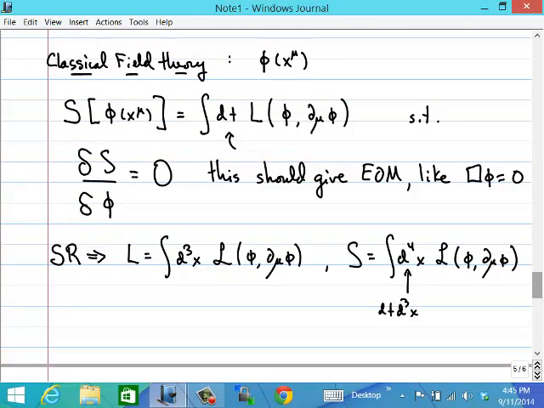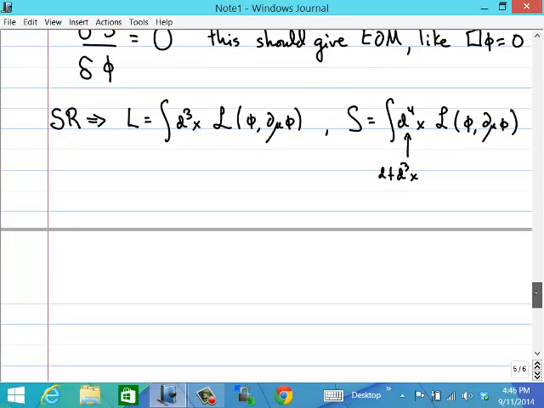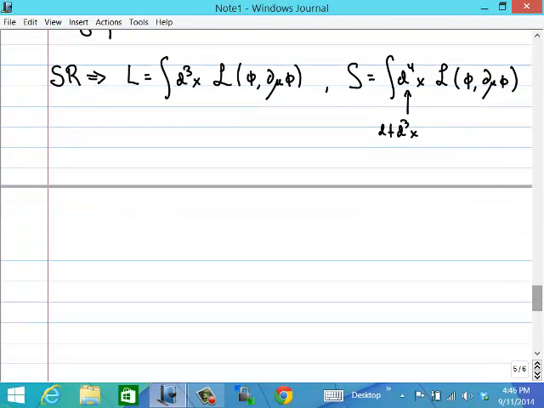So now let's imagine that we have an action that is an integral of some Lagrangian density. And let's ask under what circumstances this action is going to be minimized or extremized in the space of all possible field configurations.